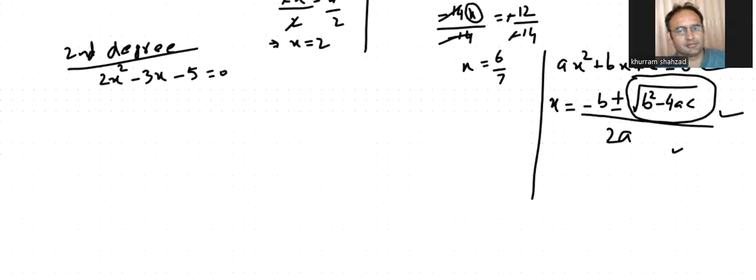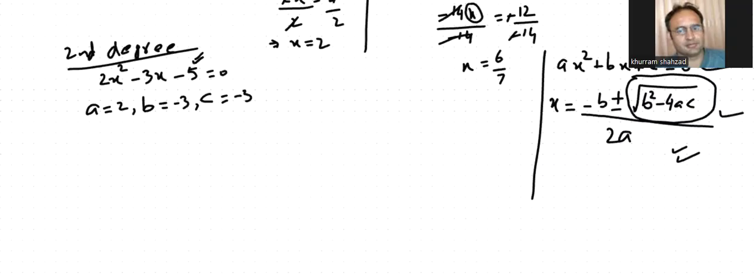So how can we do this? The coefficient of x square is a, the coefficient of x is b, and the constant term without x is c, which is equal to -5.